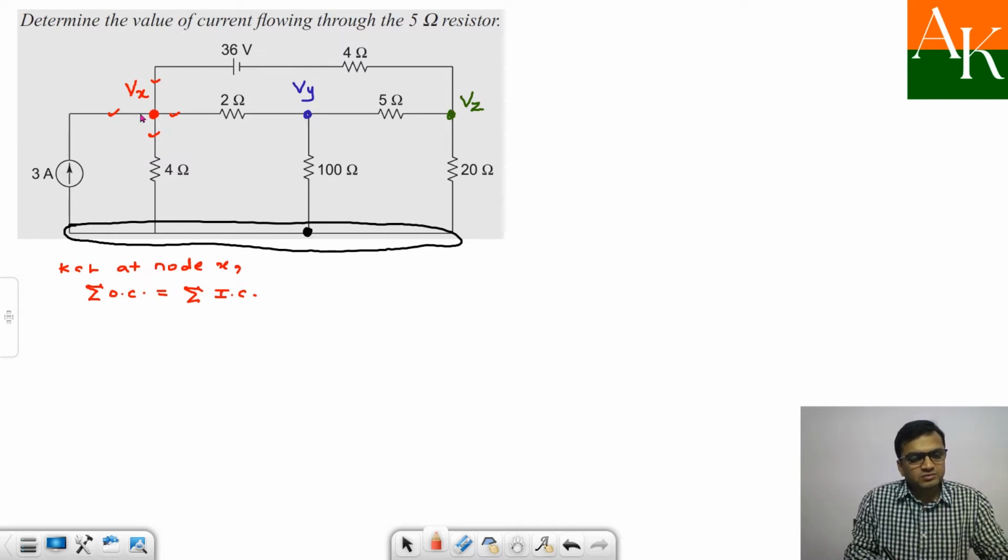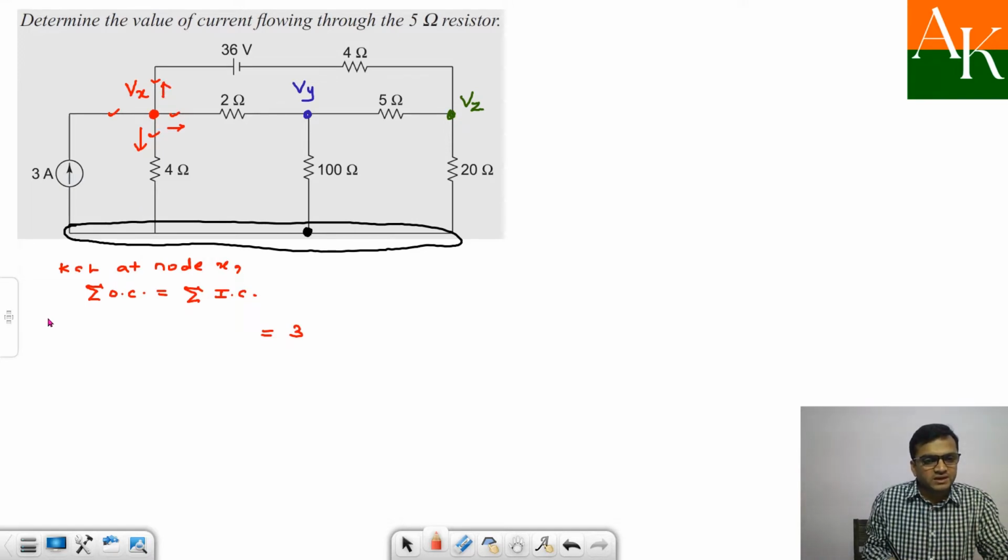In one of the branches you have a current source of 3 ampere, and that is moving towards node X. So that means this 3 will appear as an incoming current over here. Now the remaining currents you can assume as outgoing. So current through 4 ohm can be written as (Vx minus 0) by 4, because one end of the 4 ohm is connected to the reference node.